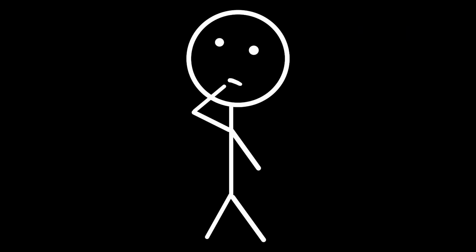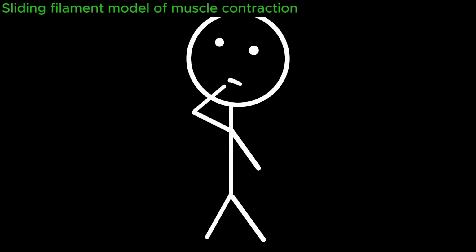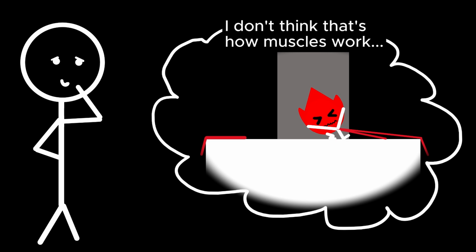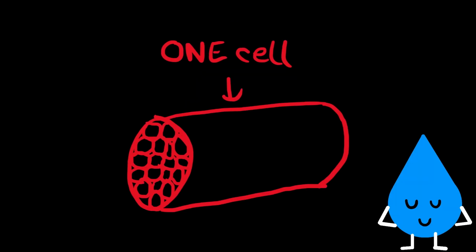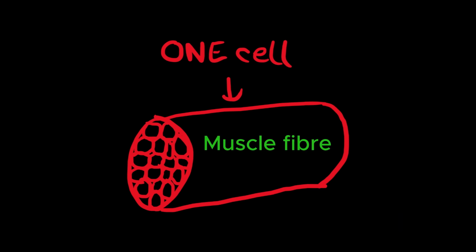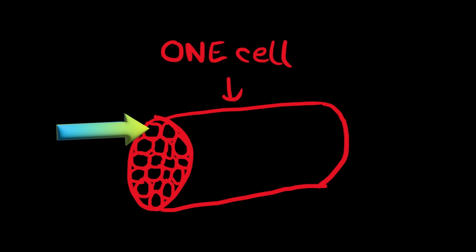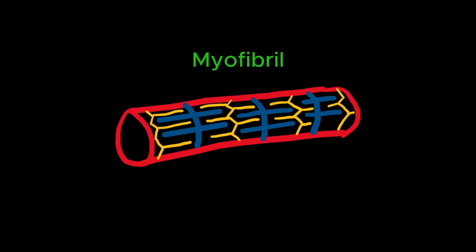I was thinking, how do muscles actually contract? Because I'm assuming they don't have anyone pulling on the muscle. Great question. Muscles are made of muscle cells, which have a special name called muscle fibers. Each muscle fiber contains many smaller units called myofibrils.